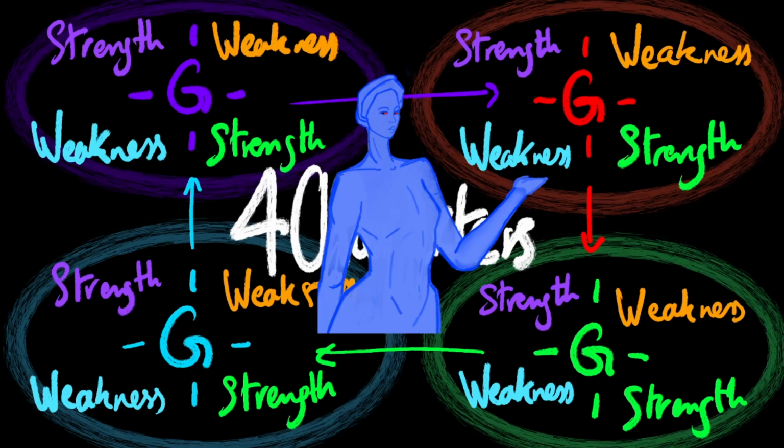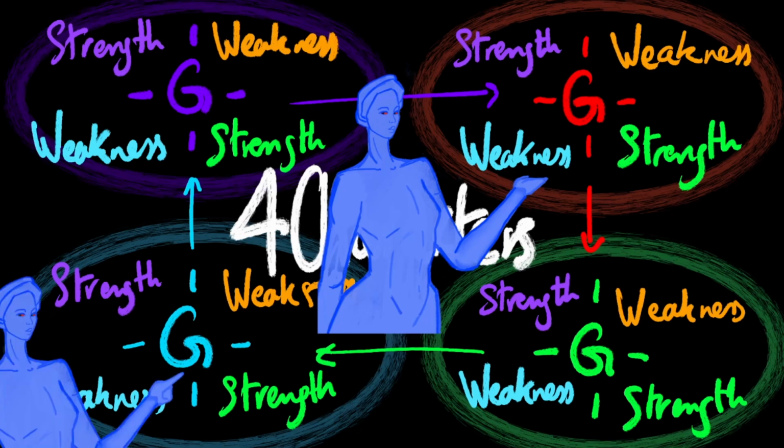Because when you think about it, these two colors exist in mirror. So, just as purple and green are mirrors of strength, red and blue are mirrors of weakness. If one of them has to keep her weaknesses till the end of the story, the other has to. And it will be a different weakness. And it will be a weakness that's directly dependent on the weakness of the first character.